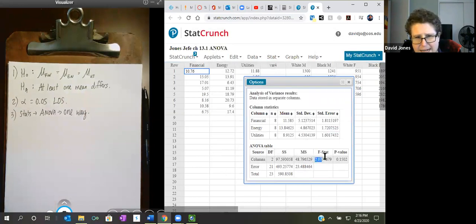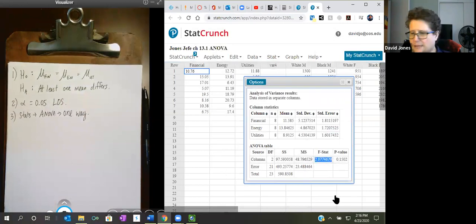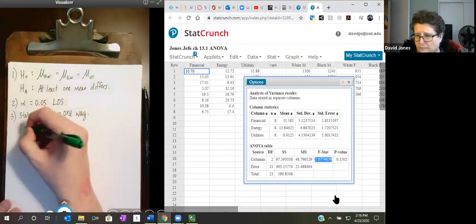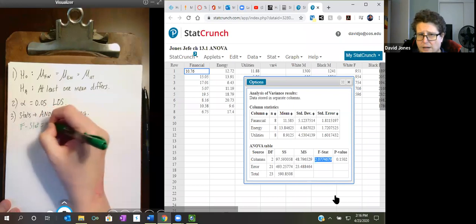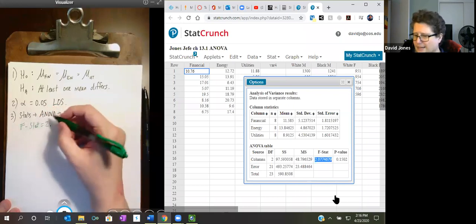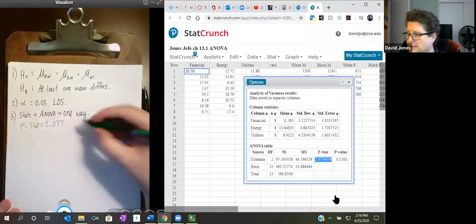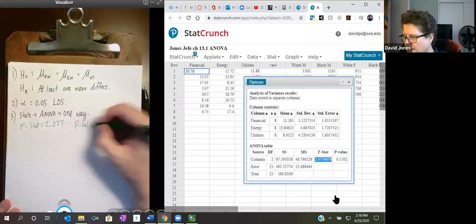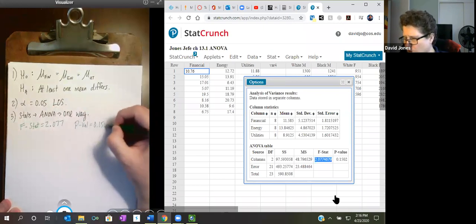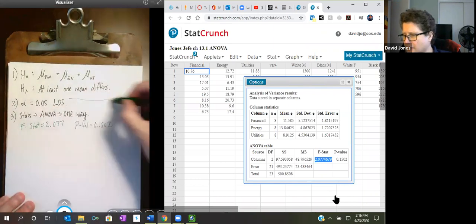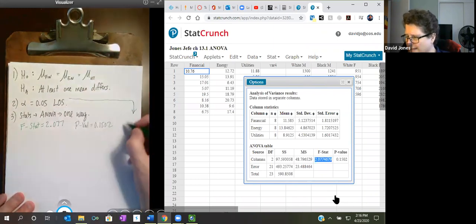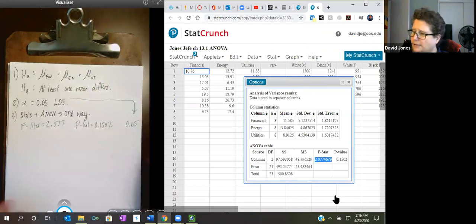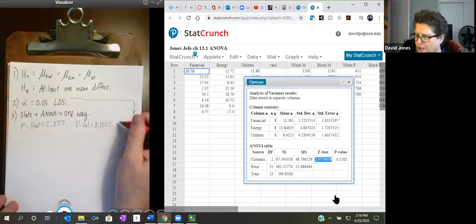And the F stat is the one we want. It's 1.077. The p-value is 0.1502. We will bring our level of significance down and compare. Our p-value is larger.